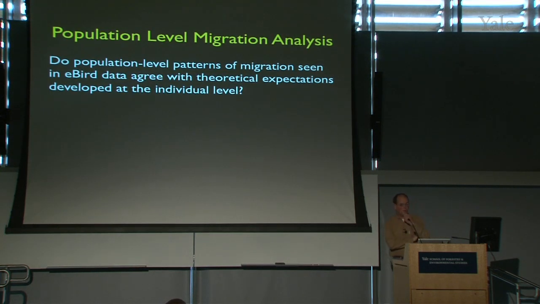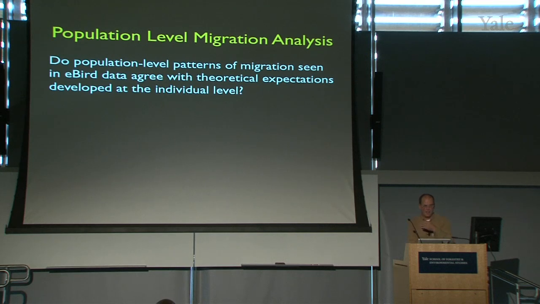The other area that we're looking on is beginning to study the details of migration analysis at the population level. So we really want to ask the question, can these patterns in migration that we've seen with the eBird STEM model results agree with theoretical expectations developed by banding data or radio telemetry data?